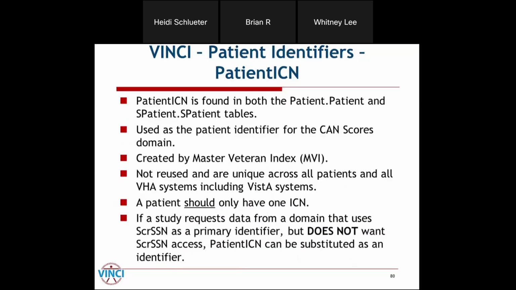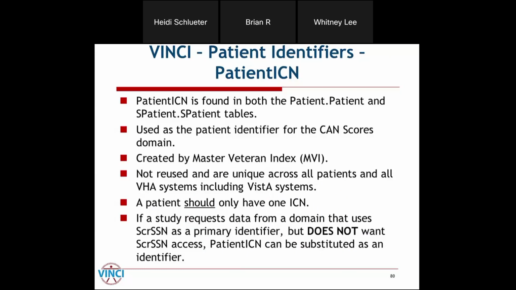So that leads us to the patient ICN. So the patient ICN can be found in both the patient and S-patient tables. This is used as the patient identifier for the CAN score domain. It is created by the Master Veteran Index, or MVI. This is not reused and is unique across patients, and all VHA systems including VISTA systems.